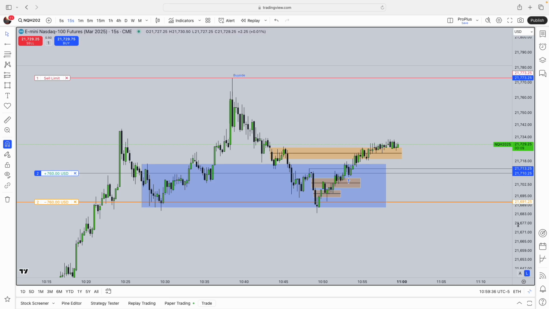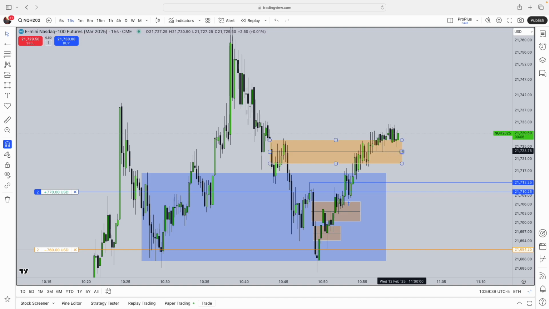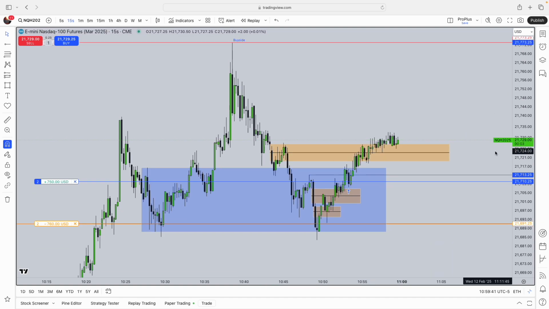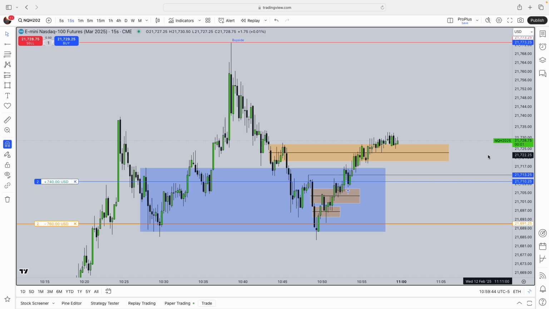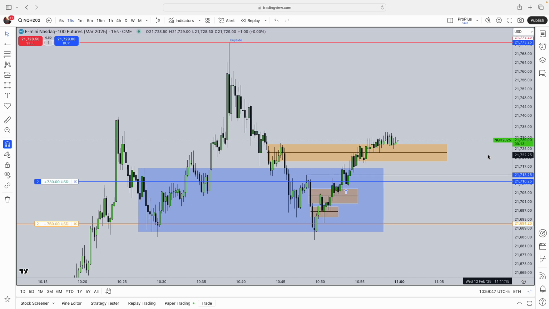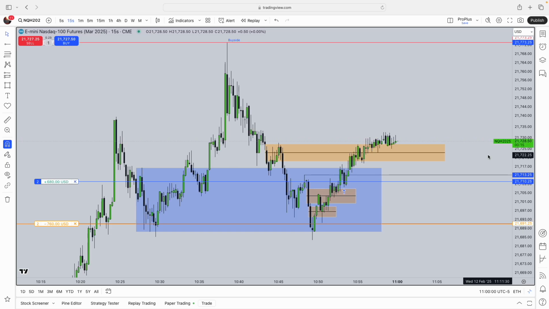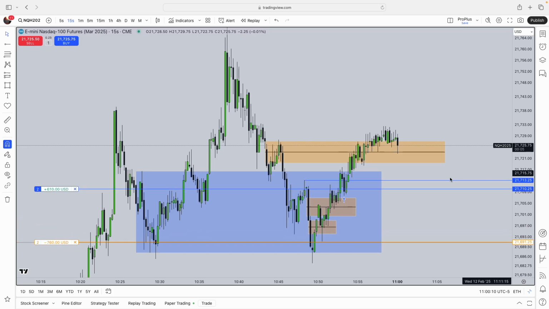But notice how price at the moment is staying above the midpoint. If it closes below there, potentially move.